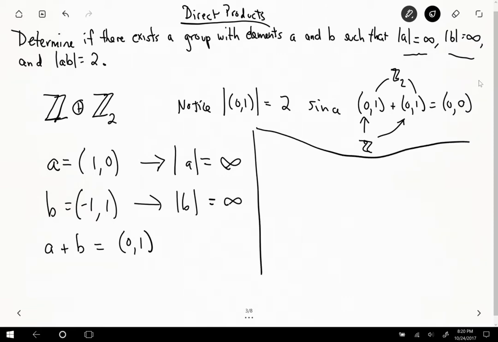If you wanted to do, say, the real numbers as a multiplicative group, so that means you toss out 0, and we wanted to take that with, let's say, Z10. We can do this as well. It's not too bad.